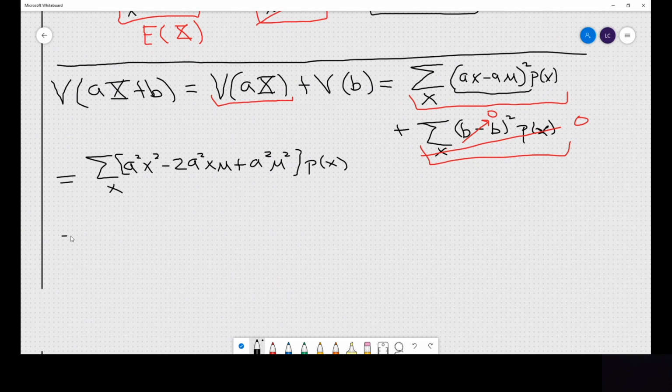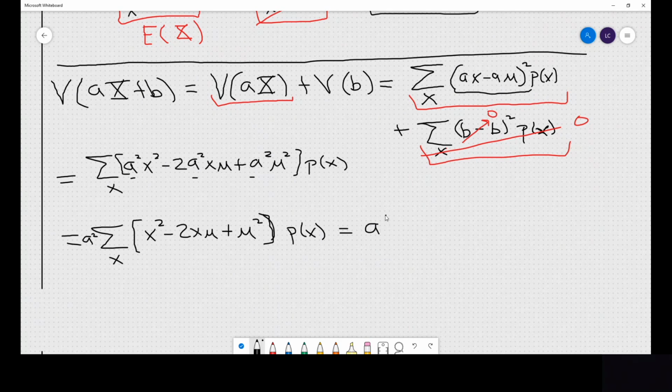So what is this equal to? Sum over x of, I notice I get a squared, a squared, a squared, so I'm going to bring an a squared to the outside of the summation sign. And then we're just left with x squared minus 2x mu plus mu squared times p of x, which is equal to a squared times the summation over x minus mu quantity squared p of x.